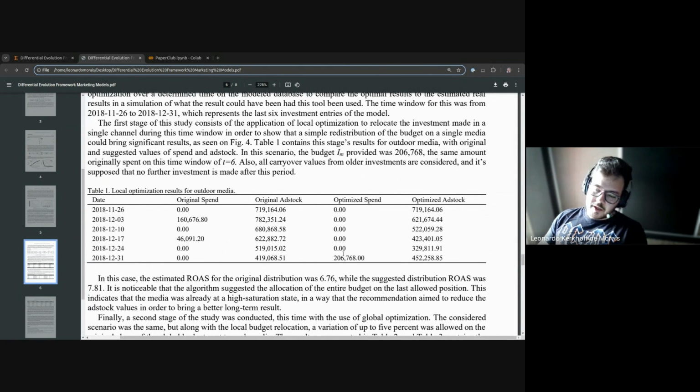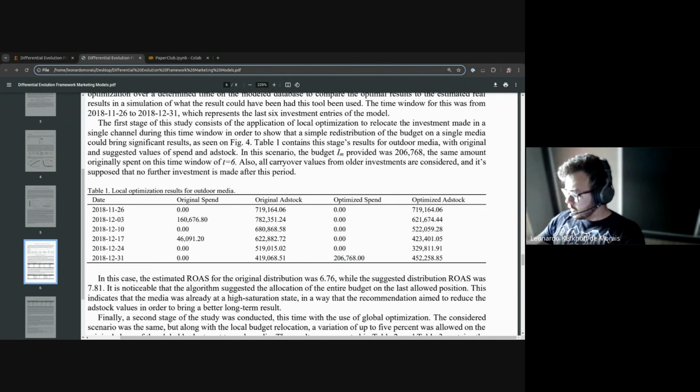So as a media that benefits from lower values of ad stock, the algorithm chose to just let the ad stock decay naturally until we don't have any other choice but to make the investment. If we had more time available, it would probably let the ad stock go even lower until it chose to put in a new investment.